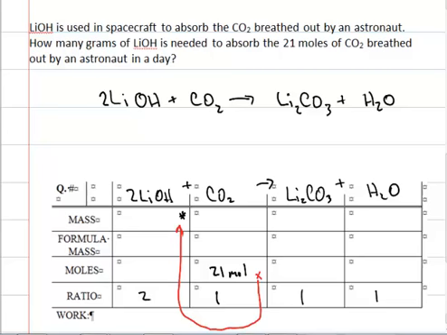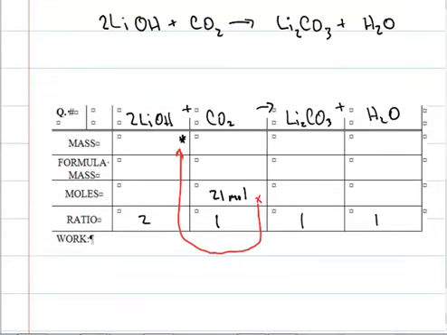So we're going to need to calculate that. We need to calculate the formula mass for lithium hydroxide. So let's do that. Lithium. And let's see, the formula mass for lithium is 6.941.